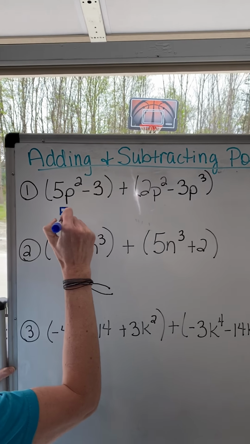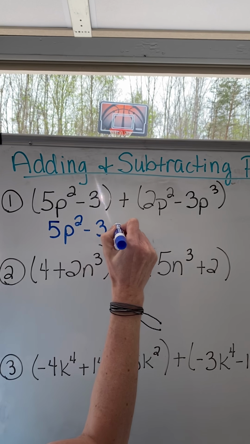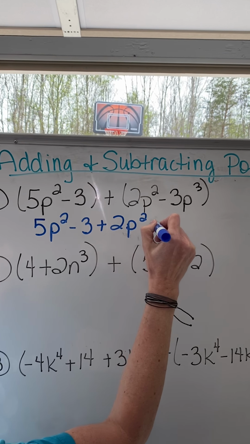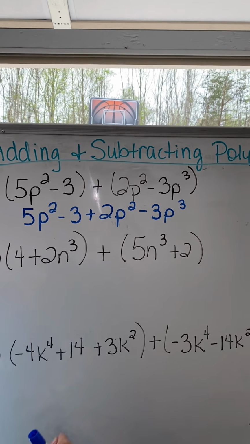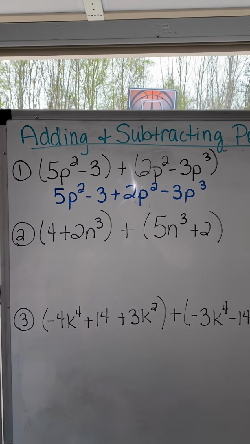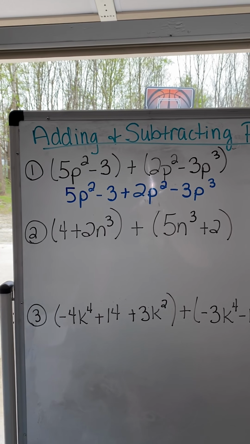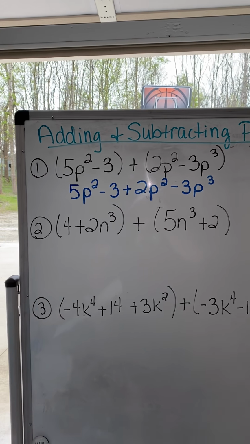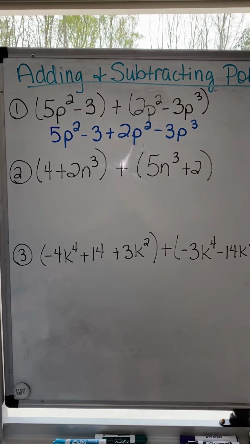So I'm going to rewrite this as 5p to the second minus 3 plus 2p to the second minus 3p to the third. All I did there was take out my parentheses and just write it like that. Now we can just focus on combining our like terms together. You want to start with your highest exponent because that's the proper way to write it.